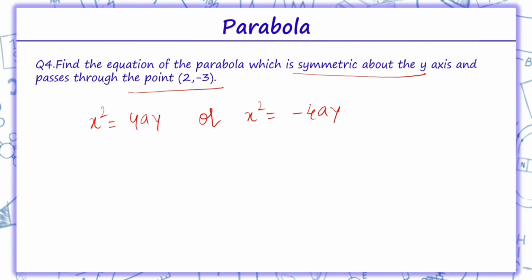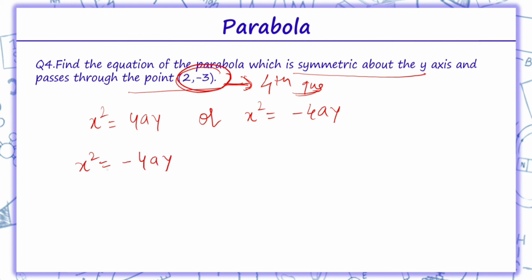But the parabola passes through the point given in the question, that is (2, -3). So here we will substitute the value (2, -3). This indicates that the parabola is lying on the fourth quadrant, so it will open downwards, therefore the equation of parabola will be x square equal -4ay.